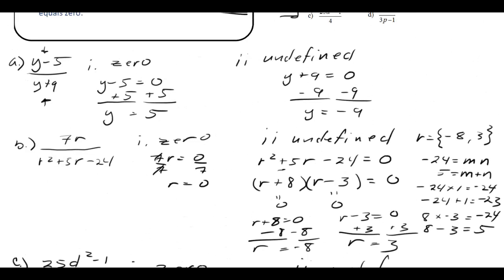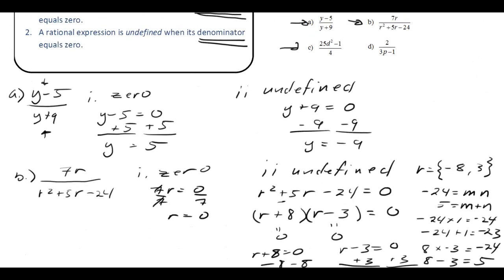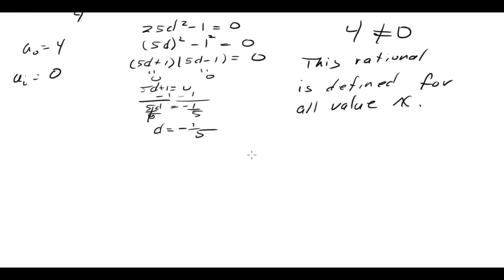All right, what was the last one? The last one was 2 over 3p minus 1. And this is d. All right, again, same deal. When is this 0? Well, 2 is not equal to 0.